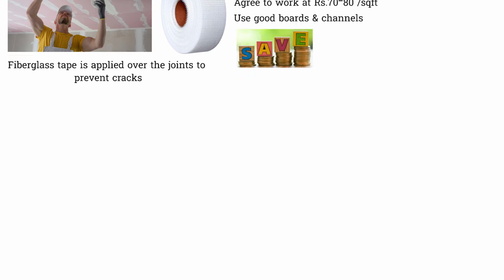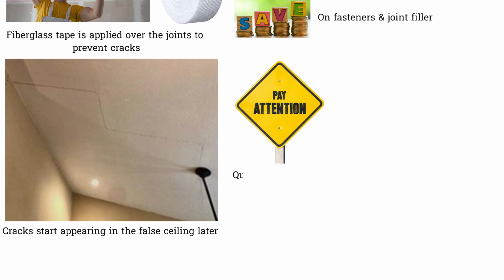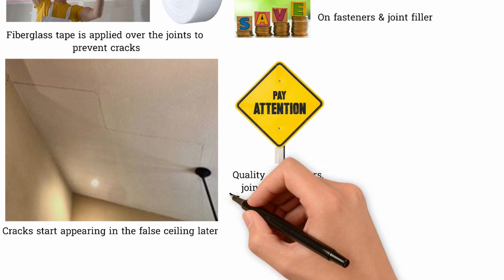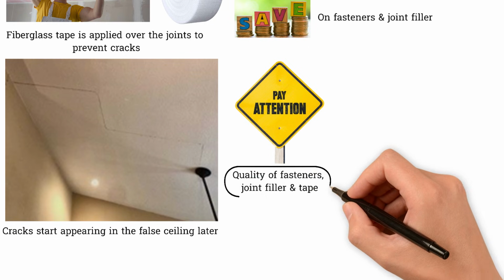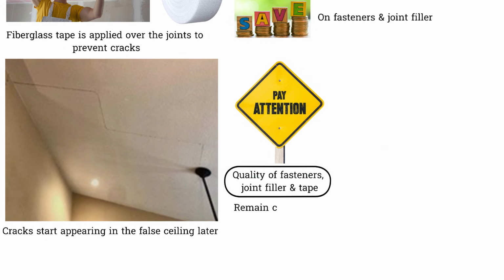But they save money on fasteners and joint filler. Because of this, cracks start appearing in the false ceiling later. So always pay attention to the quality of fasteners, joint filler and tape. If these materials are good, your gypsum false ceiling will remain crack-free for a long time.